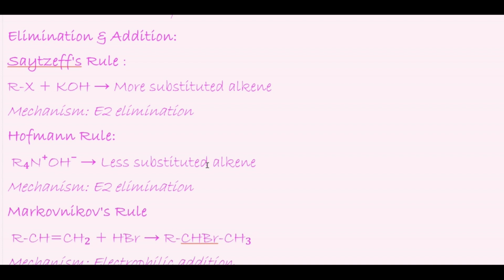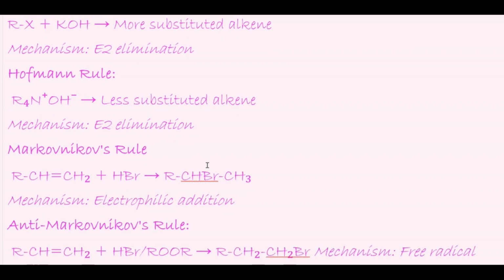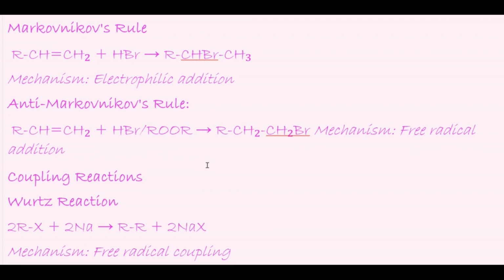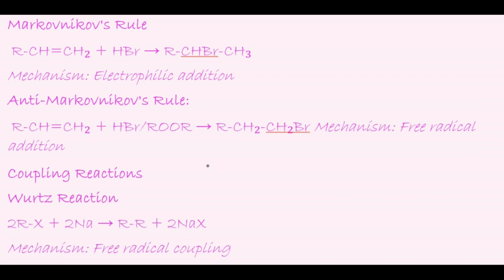Hofmann's rule says that the less substituted alkenes are the major products in case of E2 elimination. So it depends on the reactant side. Then Markovnikov's rule explains that the hydrogen or the negative part will go to the more substituted carbon.